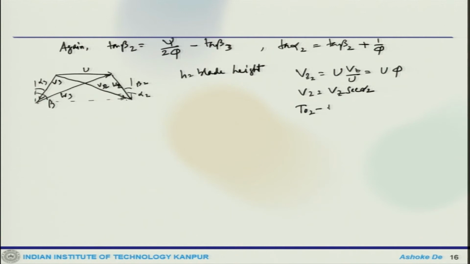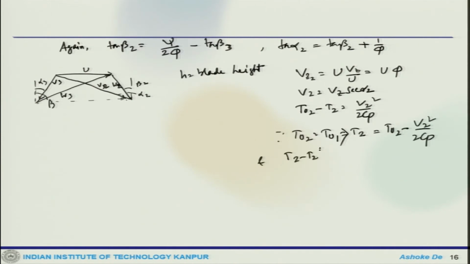So, T naught 2 minus T2 equals V2 square by 2 Cp. Since T naught 2 equals T naught 1, T2 equals T naught 2 minus V2 square by 2 Cp. And we have T2 minus T2 prime is lambda n V2 square by 2 Cp. So, we get T2 prime is T2 minus lambda n V2 square by 2 Cp.